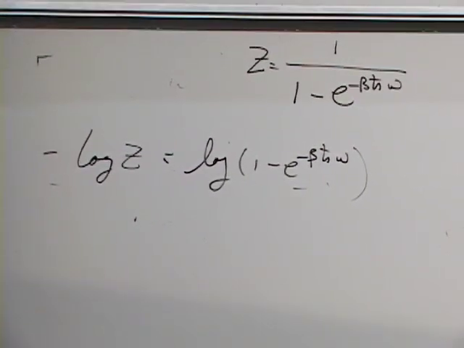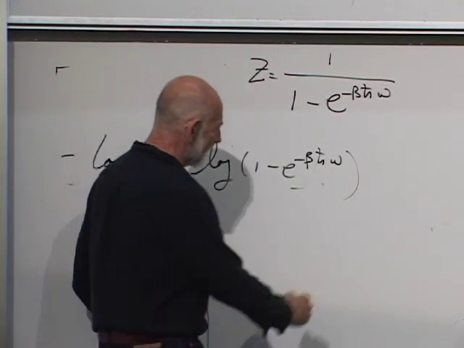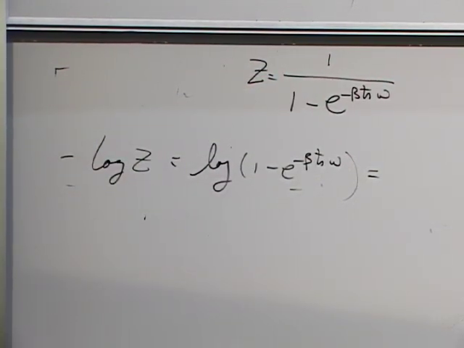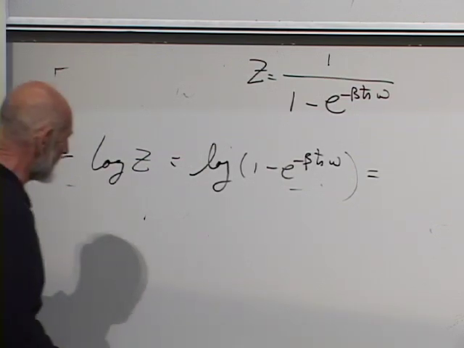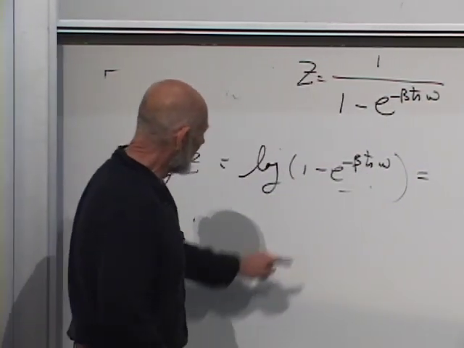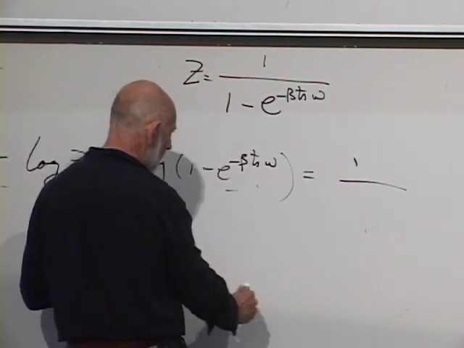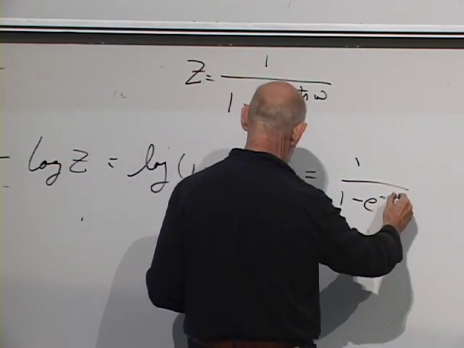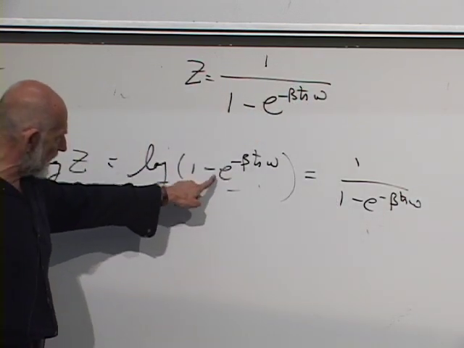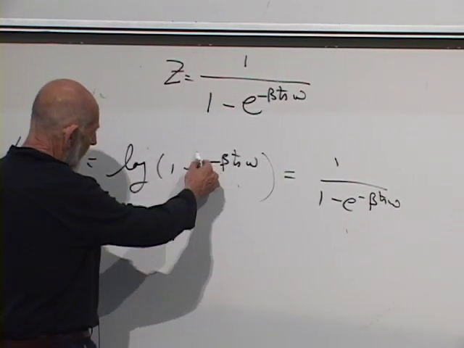Okay, who's strong enough to differentiate this with respect to beta? All right, I am. Superhero will now differentiate. First of all, logarithm gives you 1 over the argument, 1 over 1 minus e to the minus beta h bar omega. Now we have to differentiate the thing inside here with respect to beta, that means differentiate the exponential.